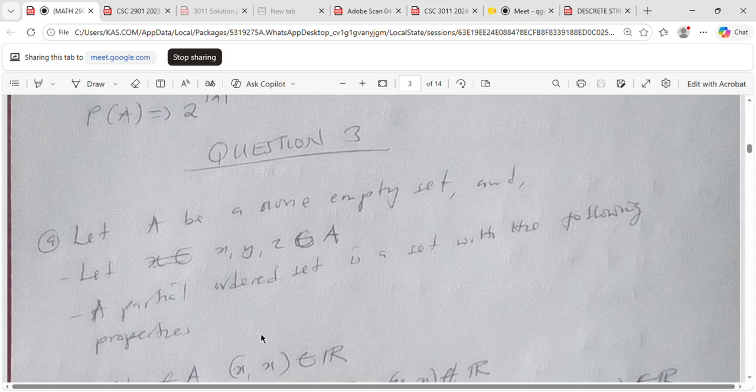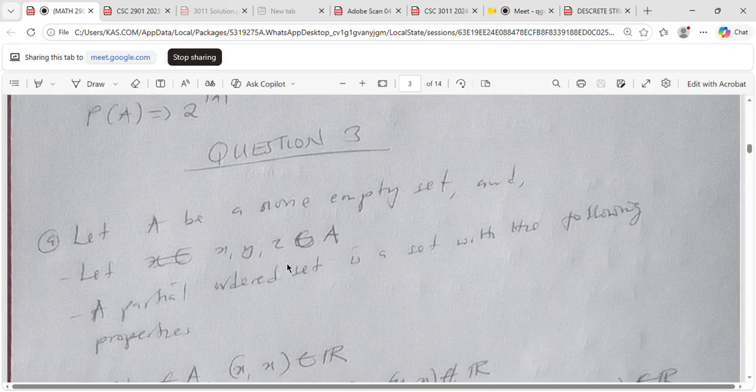Question 3. In relations, define what partial order is. I think we did speak about this lots of times. Partial order. So we are saying we let A be a non-empty set, and we let at least 3 elements.